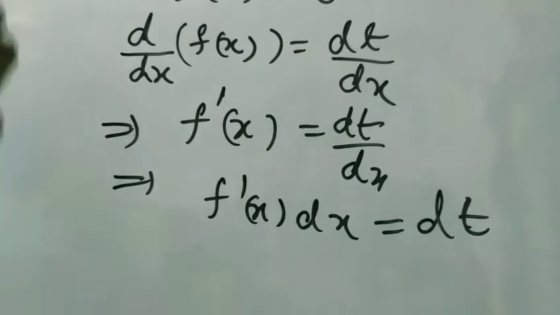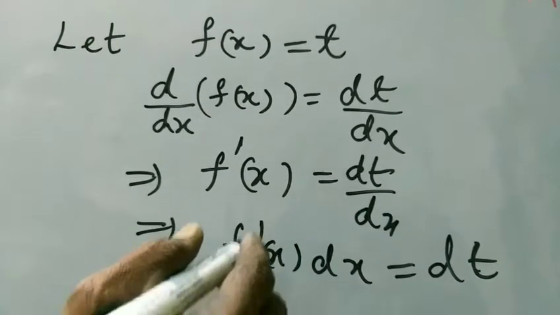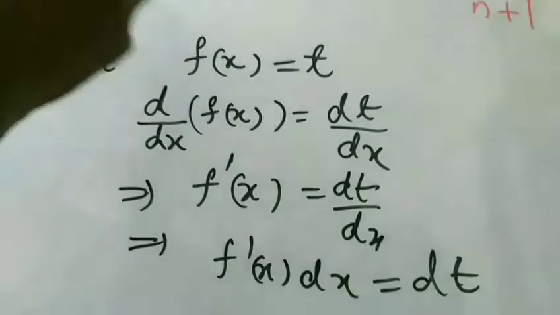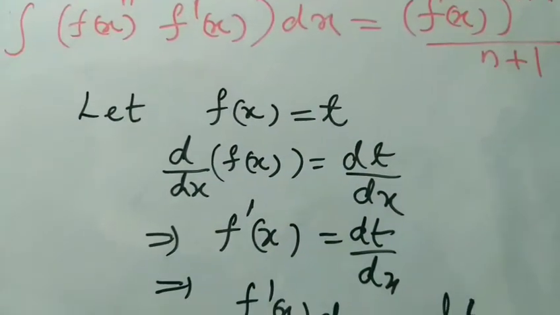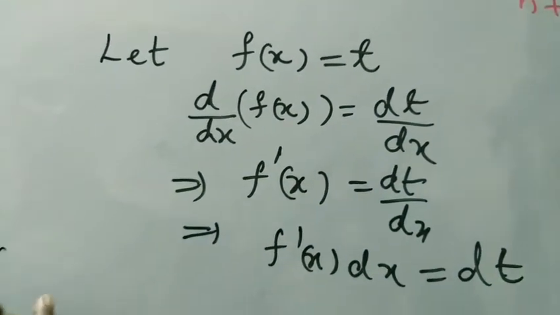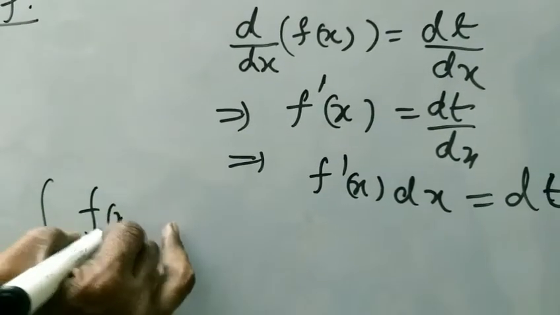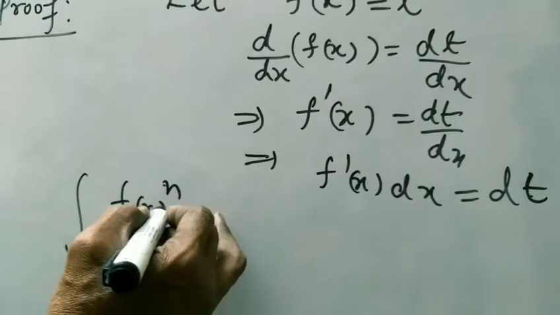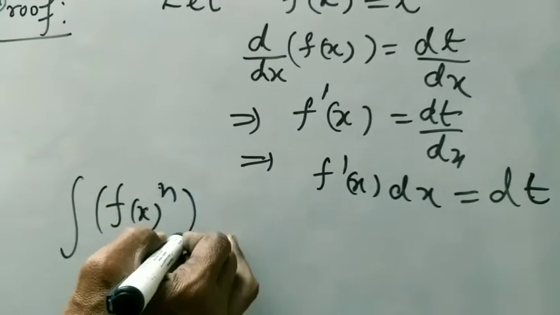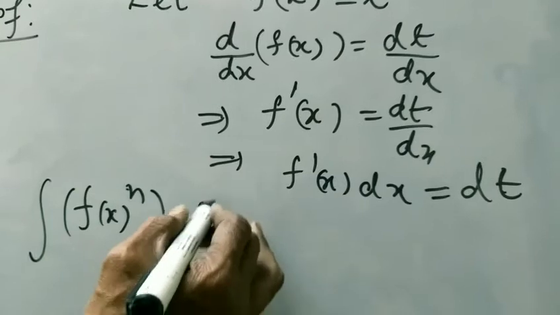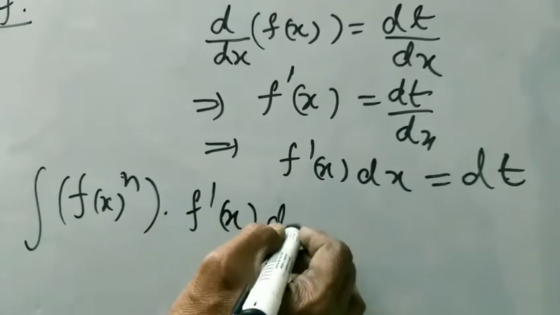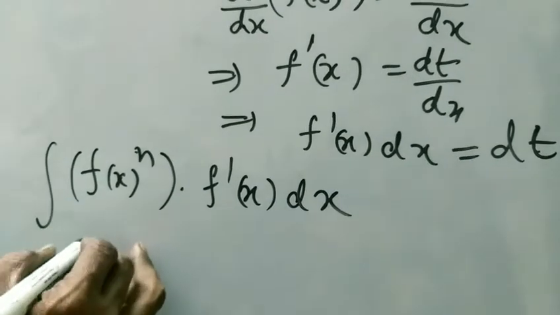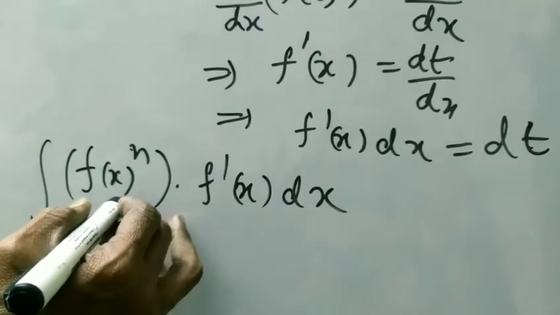Now we have to substitute this f dash of x dx is equal to dt in the given statement, that is integral of f of x whole to the power of n into f dash of x dx is equal to integral of f of x whole to the power of n.